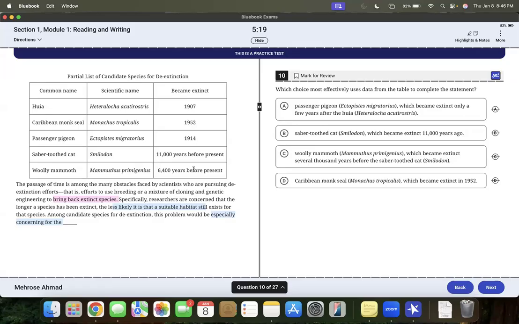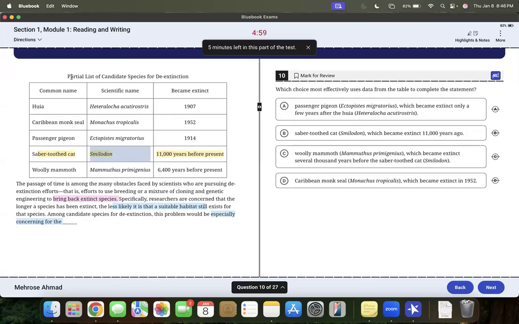All right, it seems like the saber-toothed cat, 11,000 years before the present. 11,000 years is way before 1907. So now I have an understanding of how this relates to the table, and what's happening in it. It's a partial list of candidate species for de-extinction, organized into their common names, their scientific names, and when they became extinct.